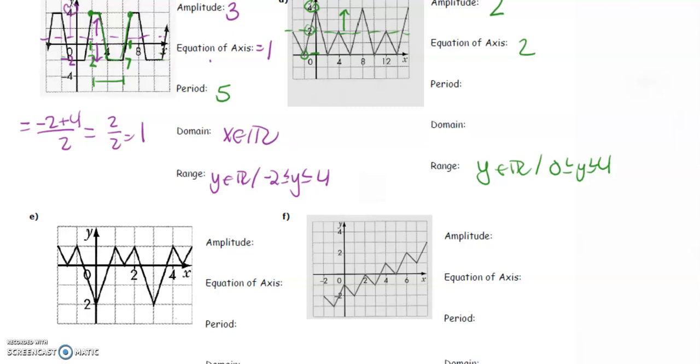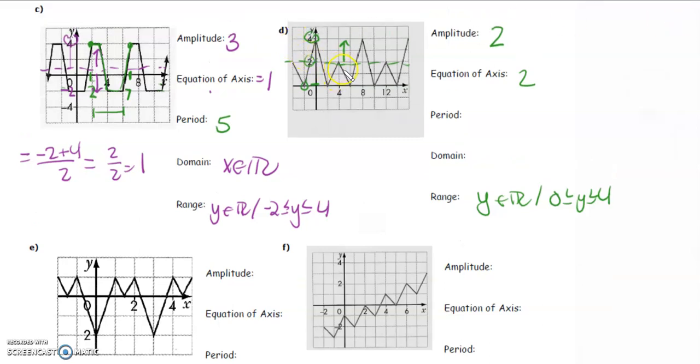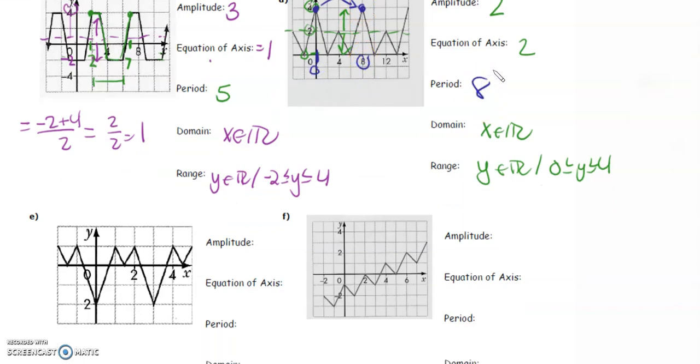And if we go from the equation of axis down to the minimum, again 2 units. Okay, the period and domain. Domain, let's just throw in an x ∈ R. And the period, let's go from a maximum again to a maximum. We go from 0 to 8. Our period is 8.